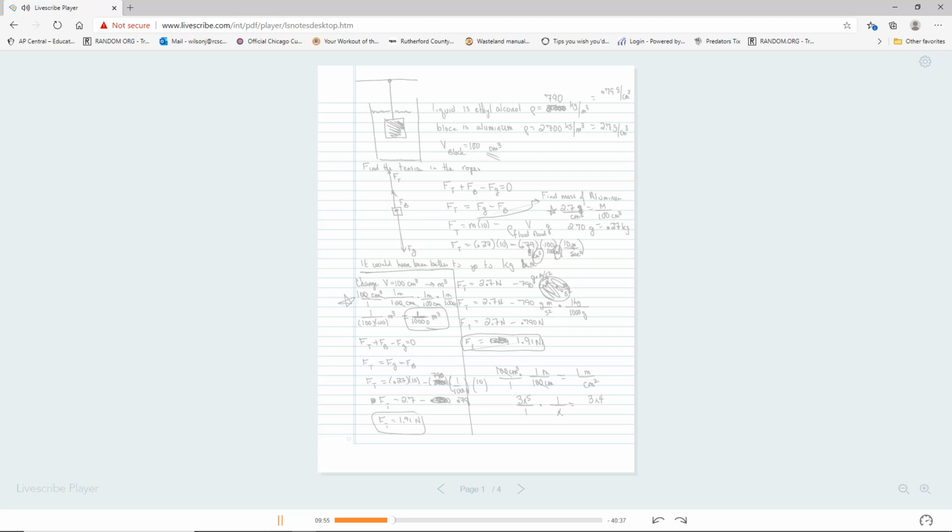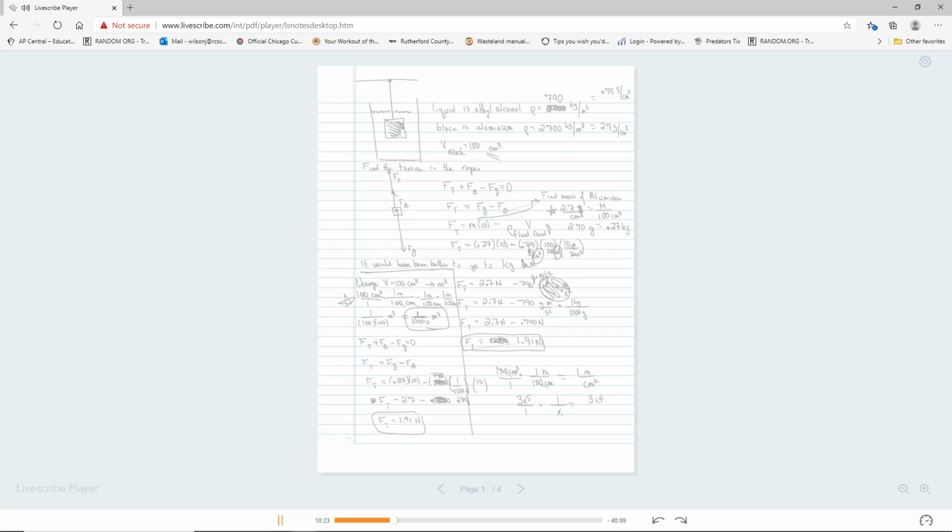What could you also do? Yeah? You also just find the total mass of the block using its density and then find 70% of that. Yep. You could do that. You could also find 30% to find the amount that's outside. Right? This gives you the below water.